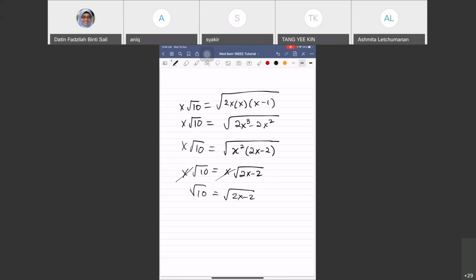Then only you square both sides, so then it becomes like this. Then you got your x equals 6. So you got one root here, isn't it? So if we solve like just now, we will get x equals 0 and x equals 6, isn't it? But we need to still substitute and check.